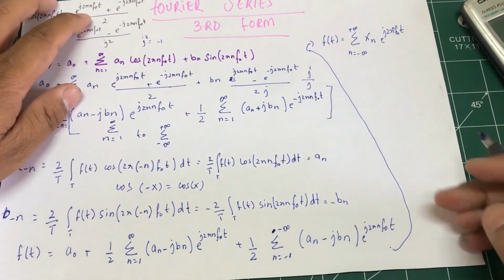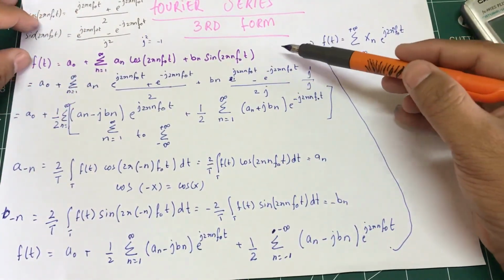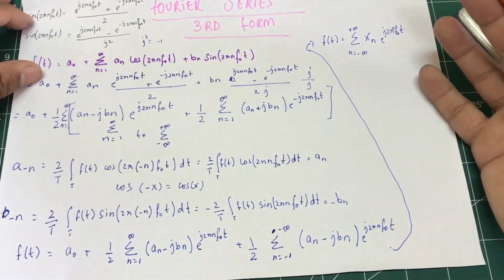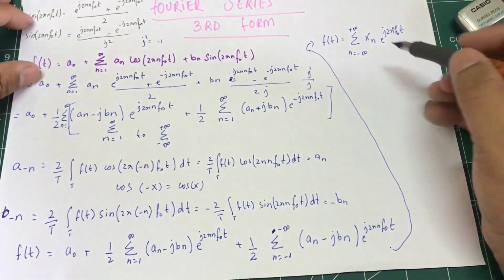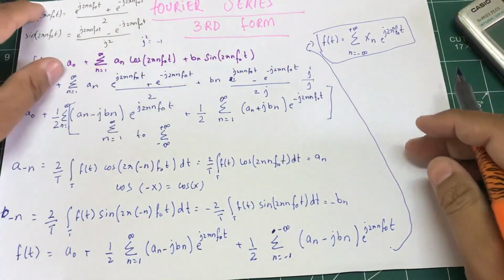This is what it summarized to. So this whole process that we went through, starting from format 1, we came up with this where I have changed my summation from negative infinity to positive infinity, and we have a concise format like this. So this is your third form.